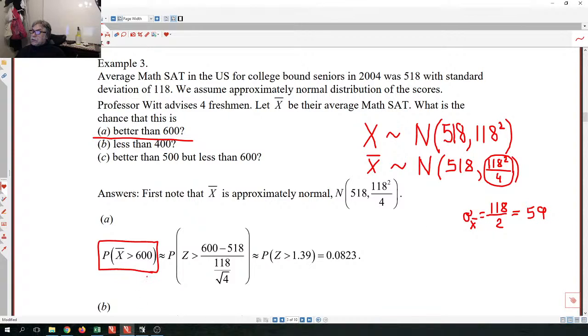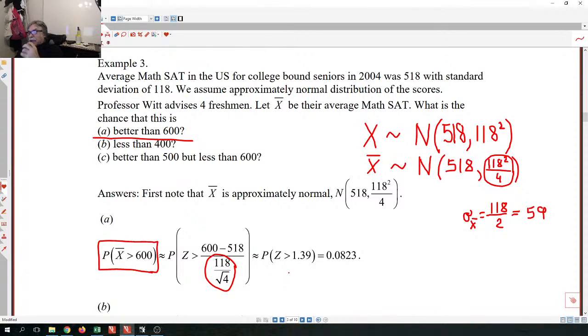Now, when you subtract the mean from the X bar and divide by the standard deviation, you will get a z. That's a variable, which changes into z. The number 600, by the same token, becomes 600 minus 518 divided by 59.